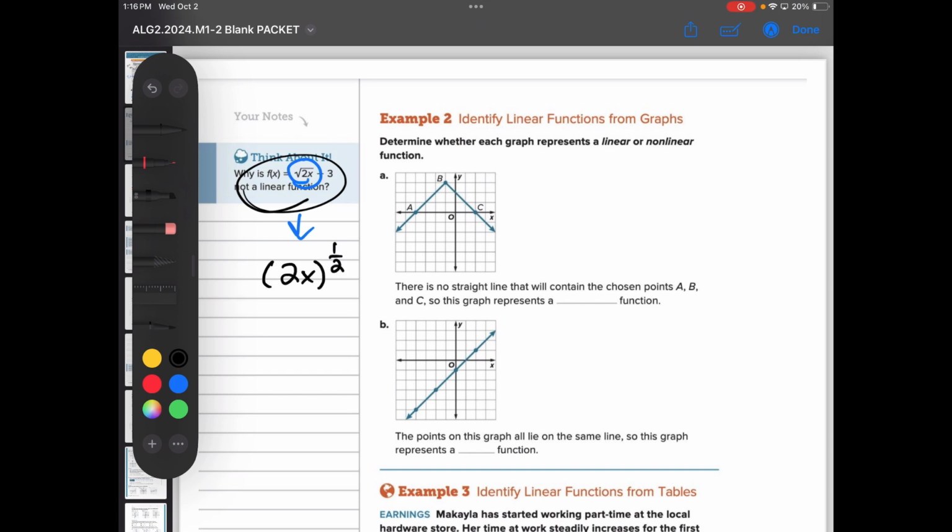And that means that x would literally not have an exponent of 1. It would be an exponent of 1/2, which means that equation would be nonlinear. So it's not a straight line, nonlinear. Okay, so if we're talking about over here, though, on these examples, we need to see pretty much, is this a straight line, yes or no? The answer is not a straight line.